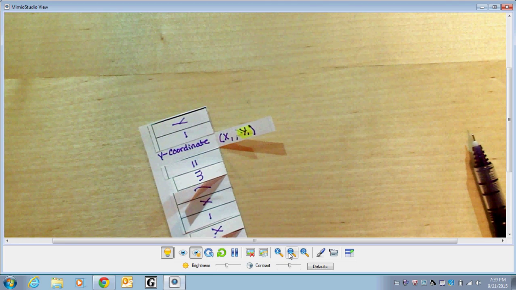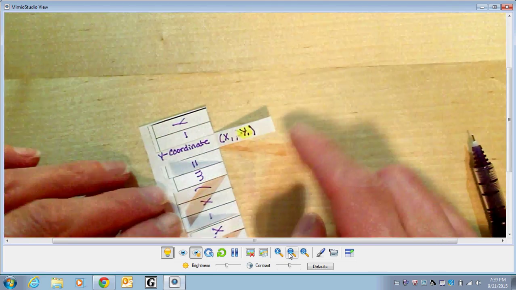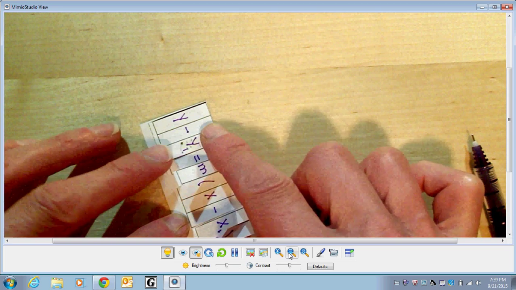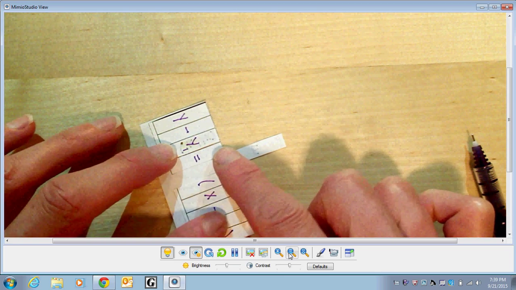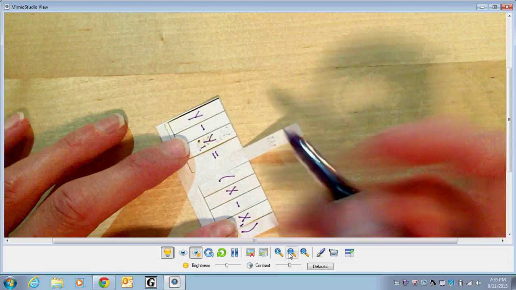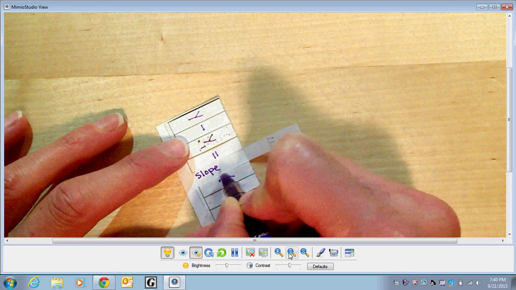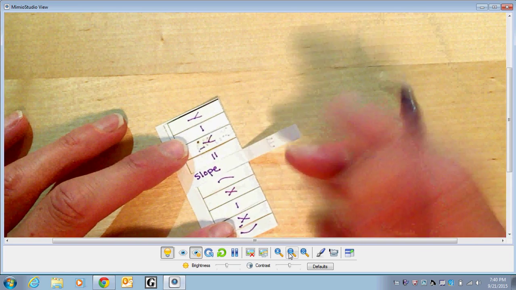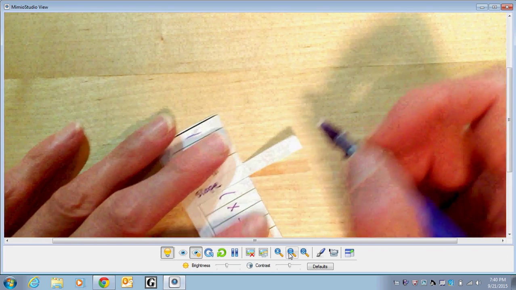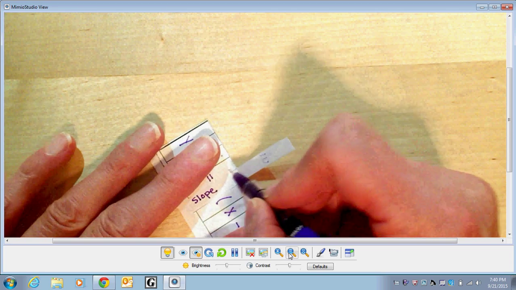So inside where it says slope, I'm going to write slope. And this time I'm going to write the equation, because this is so skinny, I'm going to write it like this.